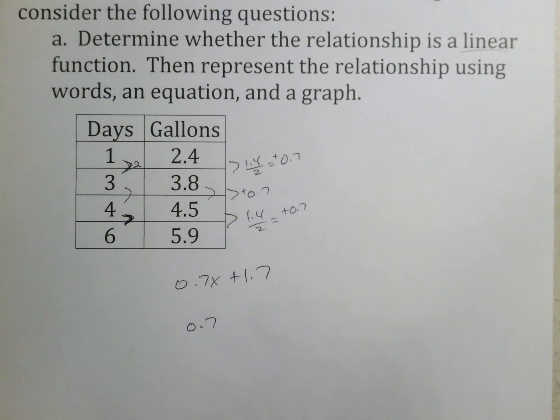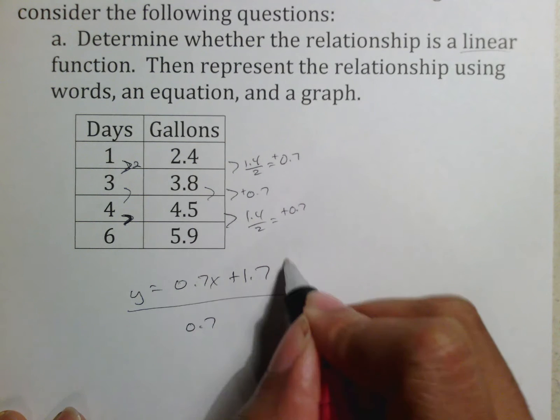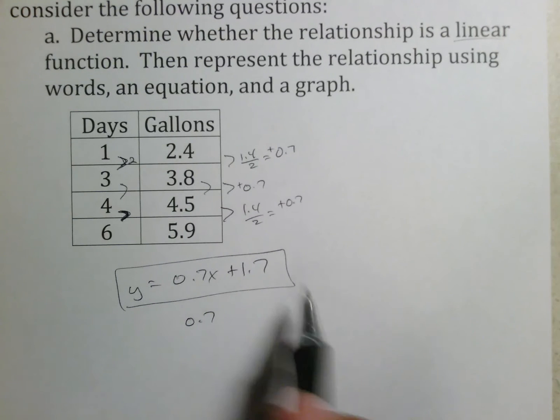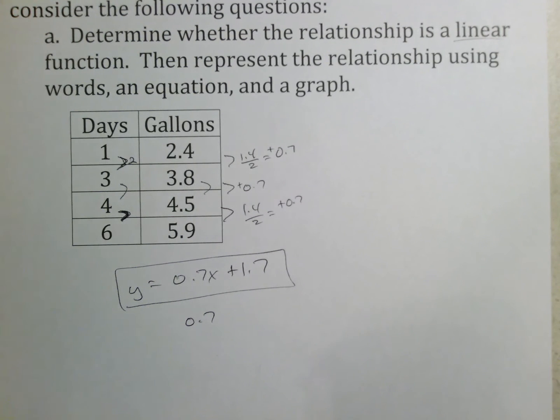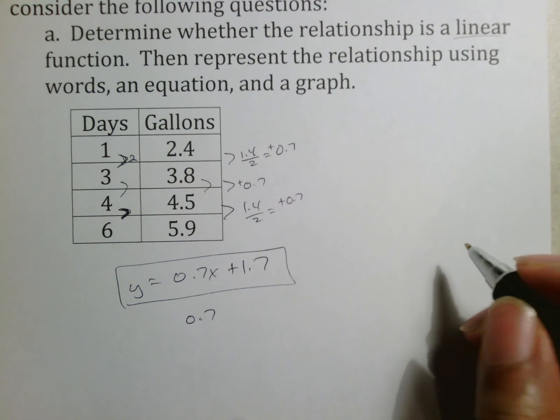But once we get there, what we have to do now is represent it with words. But notice that the first thing we did was the equation. The equation is typically going to be the first thing you do. And so what we have to do now is represent it with words.